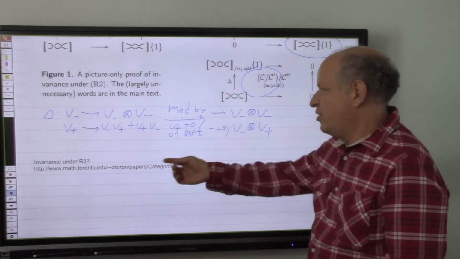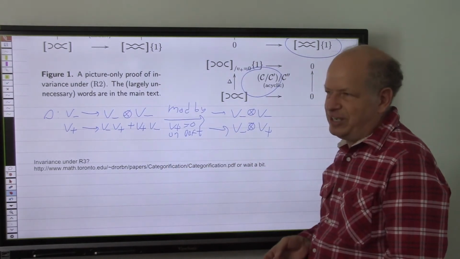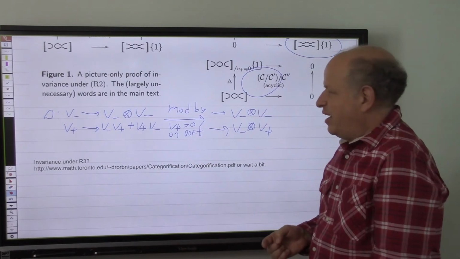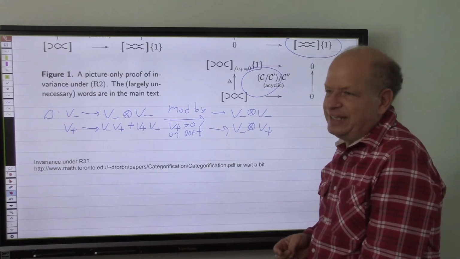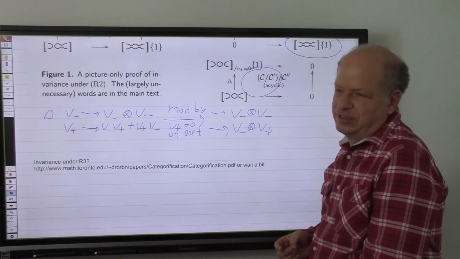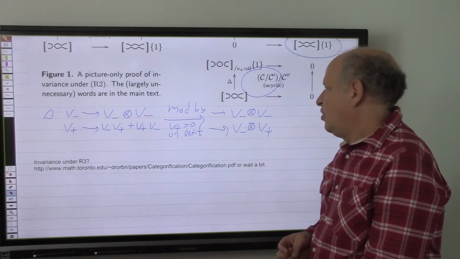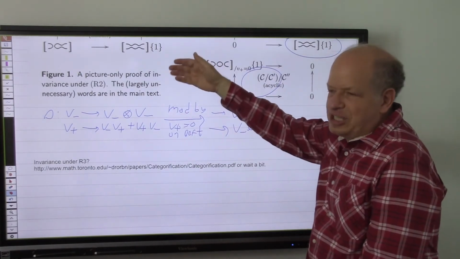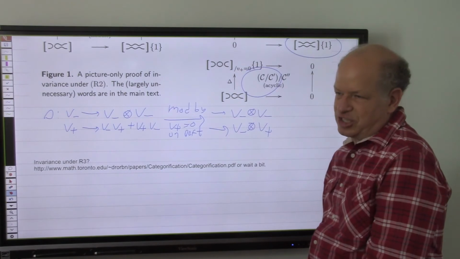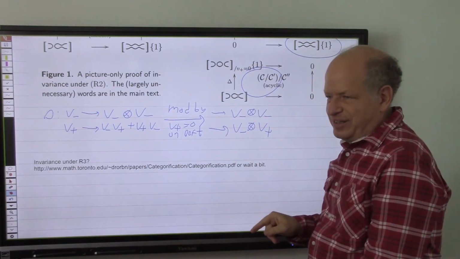So you either look up the proof in the URL given here, and unfortunately it involves rather complicated commutative diagrams, because both sides are three-dimensional now instead of just two-dimensional, or you wait a bit.